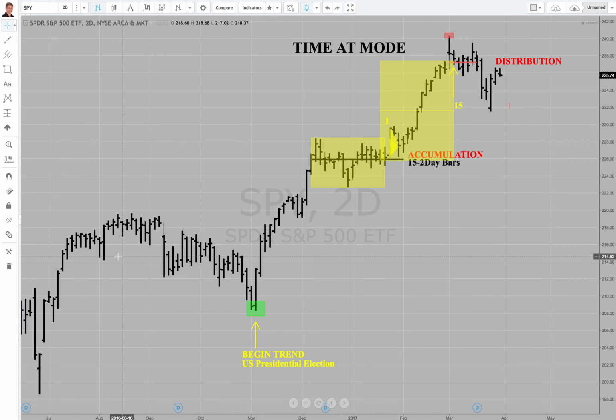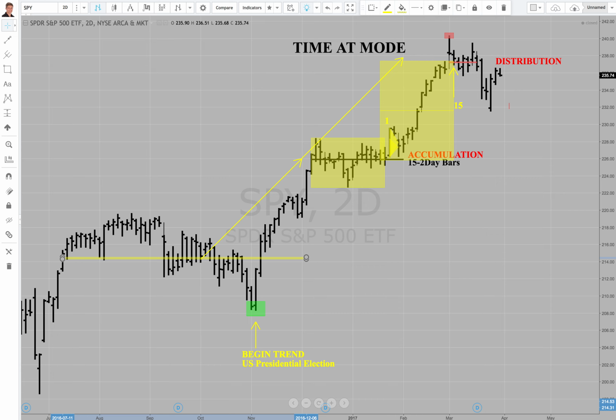We can also do a calculation, a little more difficult to do on the fly, but I would do the previous mode, which might be down in this area here, and measure from this mode up to this mode, and then copy that and have it repeat. And you can see that is a closer match. I don't know that this is exactly the mode, but it might be very close. It could be up here as well. Either way, that's for another video.